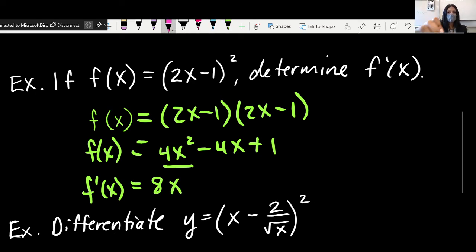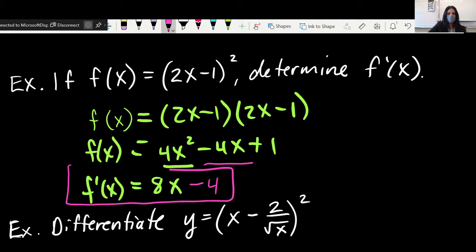For this next one, we see that it would just be minus 4. And then we know that with the plus 1 at the end, whenever we have a constant, the derivative is just 0, so it's gone. So we don't have to worry about it. So the only added step, again, is sort of just review or old stuff, which is expanding out those brackets, getting the separate terms, and then just taking the derivative of each term.